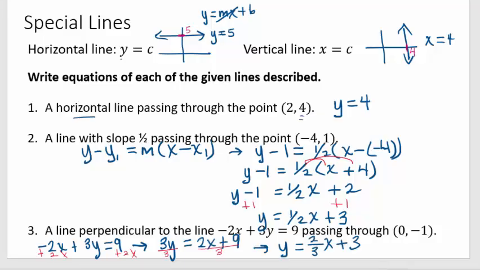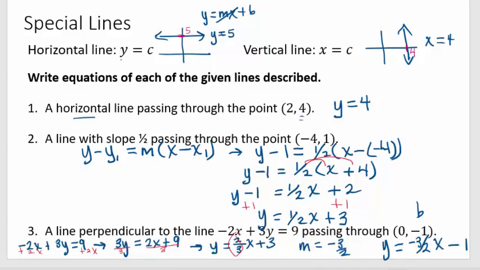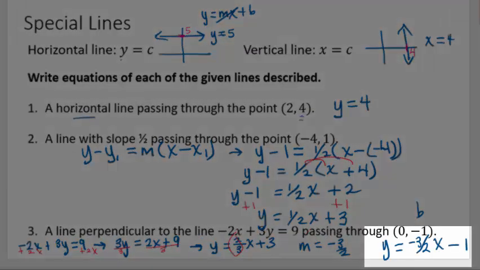And now I can tell easily that the slope of the given line is 2/3. And using the relationship between the slopes of perpendicular lines that we saw earlier, the slope of our new line is the opposite reciprocal, so -3/2. And then lastly, we are given the y-intercept this time. We can write an equation quickly in slope-intercept form as y equals -3/2 x minus 1.